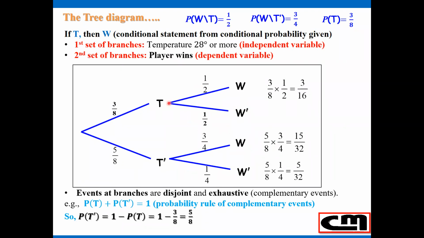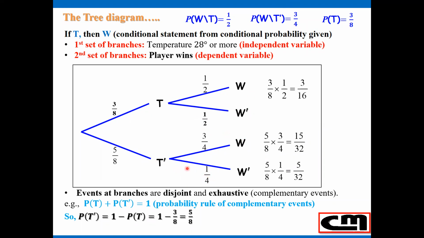We are given that probability of W, given that T has happened, is half. Then you get the other one by subtracting from 1. Probability of W given T prime is 3/4. Then the other one, subtract from 1 to get this.